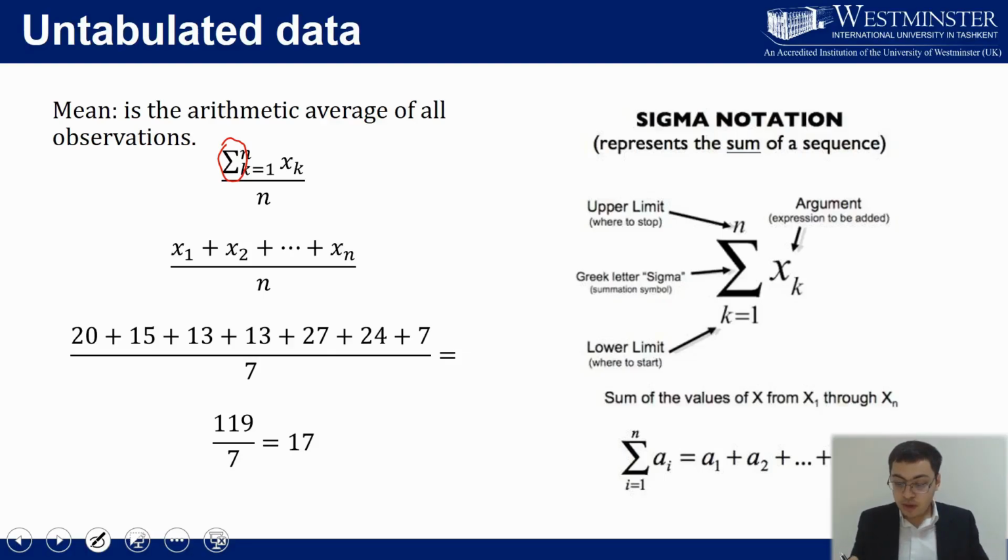So this sign is telling us to add all these x's up. x starts from the kth observation, which here is the first, up until n, the total number of observations that we have. In our example, that's 20 plus 15 plus 13 all the way until we add them all up, and then we divide by the number of observations, which is 7. That gives us 17. So this is the formula for how to calculate the mean.